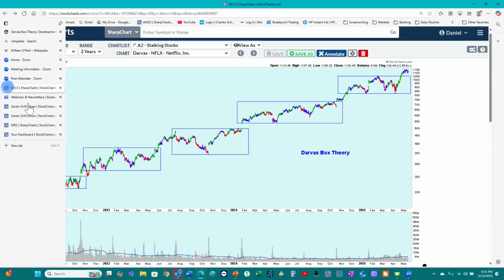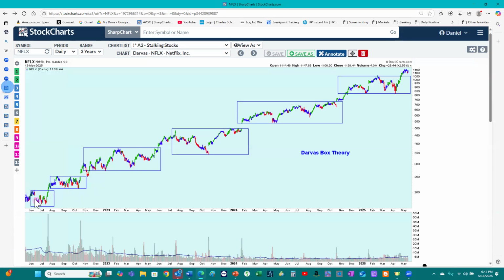So if we go back here to Netflix, Darvas would have started down here. First, he would have identified a growth stock that looked like it was going to move higher because it had good technology. So he would identify a box. Remember, he's getting the prices a week late.